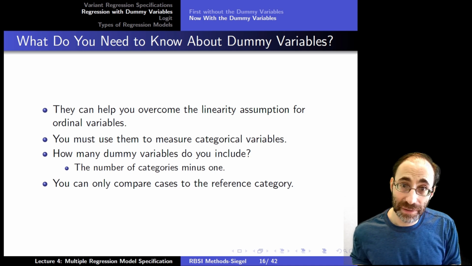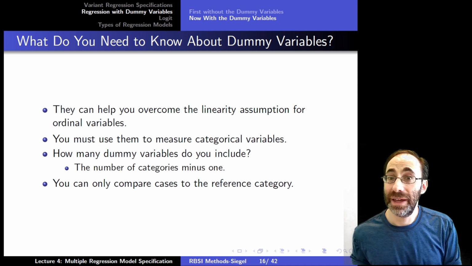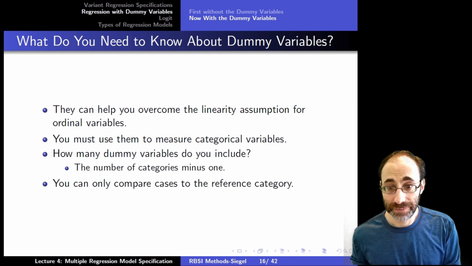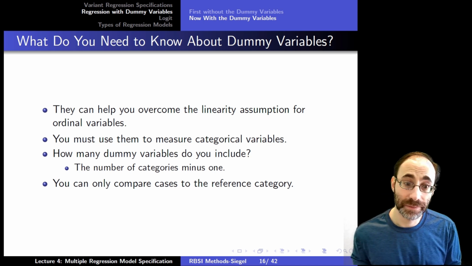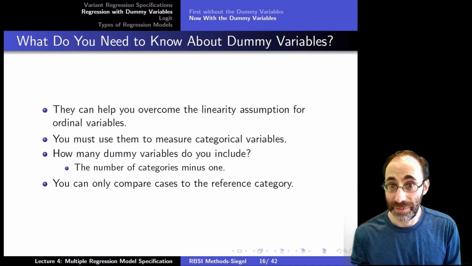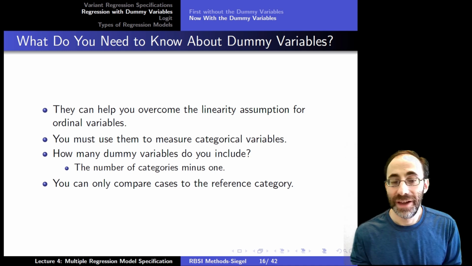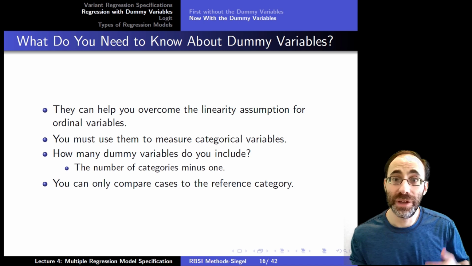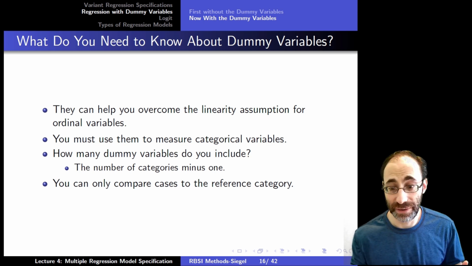If you don't believe that, because the ordinal variable means something more complicated, for instance, then you might want to break up the ordinal variable into multiple dummy variables to get away from that linearity assumption, that uniform effect assumption. You must use dummy variables to measure categorical variables, as we discussed before. How many to include? The number of categories in your variable minus 1, always, and you can only compare cases to the reference category.